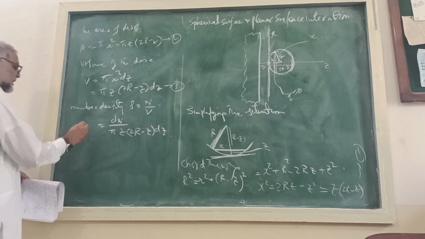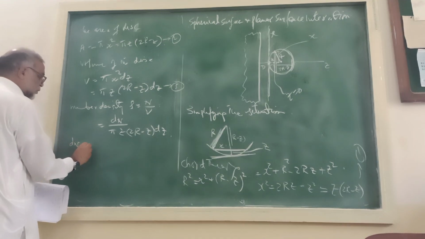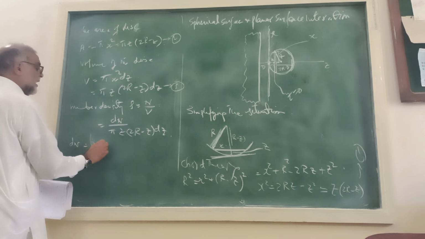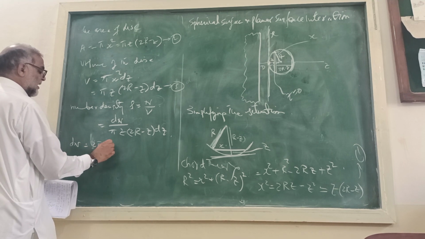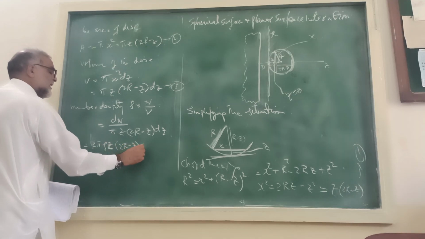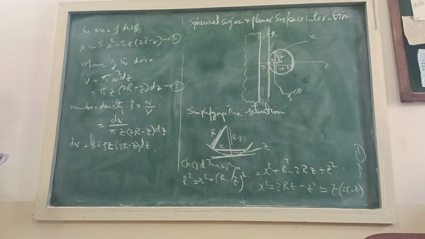The total molecules in the volume will be dn equal to rho pi z (2r minus z) dz.